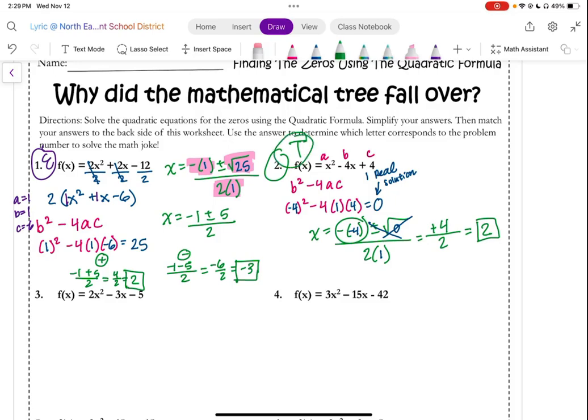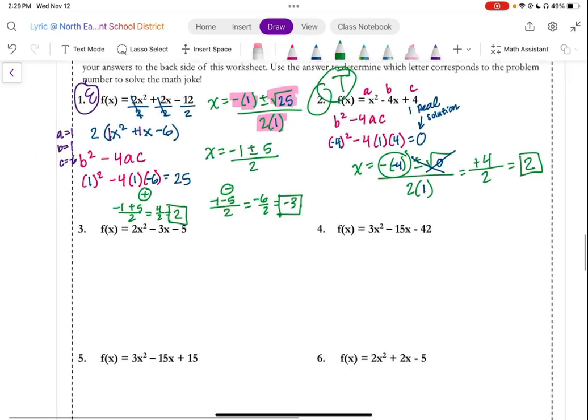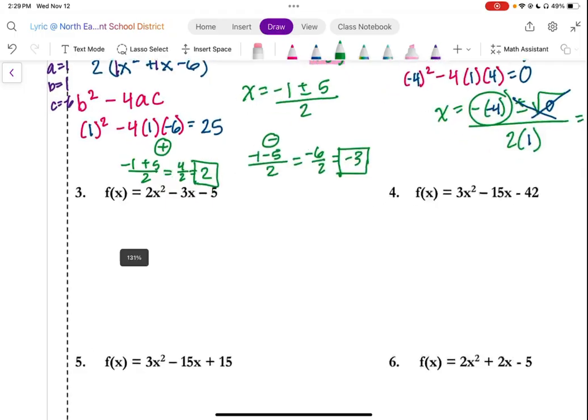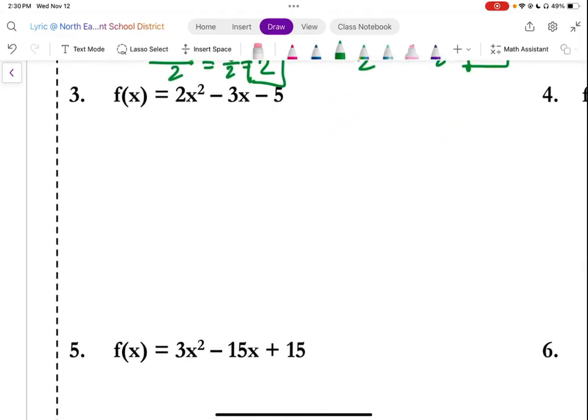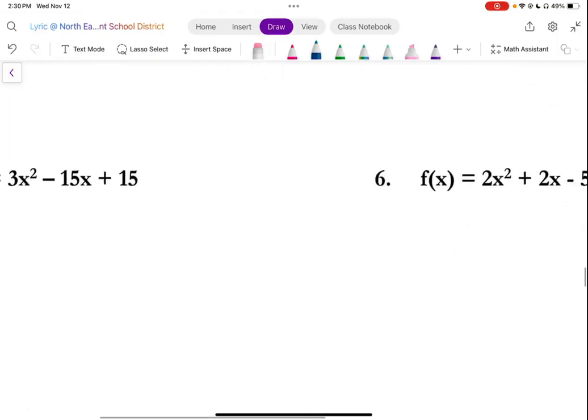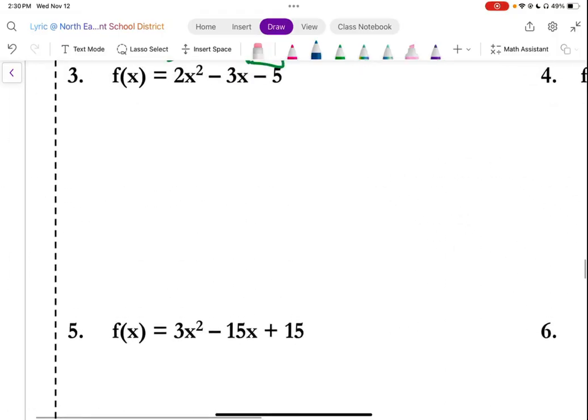All right. We can do one more together. For this last one here, we look and see, is there a GCF we can factor out? Sorry for the bell. Is there a GCF we can factor out? No, there isn't. So we're going to go right into identifying A, B, and C. In this case, A is 2, B is negative 3, and C is negative 5.